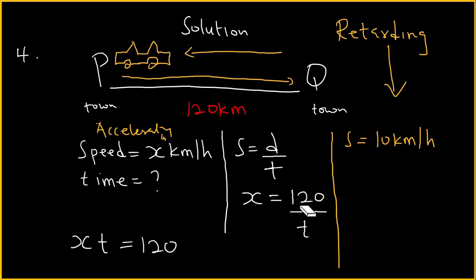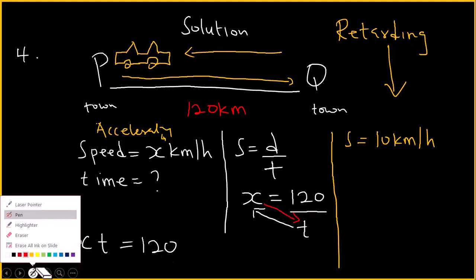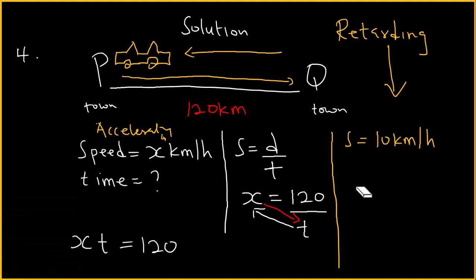T should be made the subject so that we eliminate it from the equation. So making t the subject, x moves down here, so t would be equal to 120 divided by x.